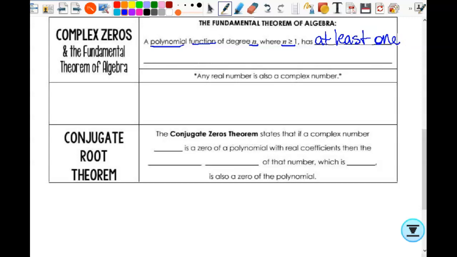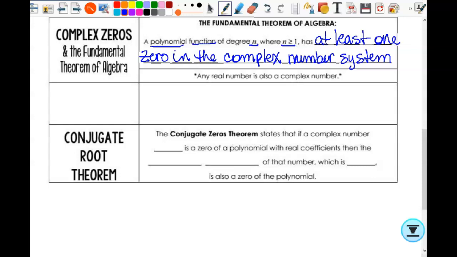Let me make sure, yeah. At least one zero in the complex number system. Okay? So at least 1 zero in the complex number system.